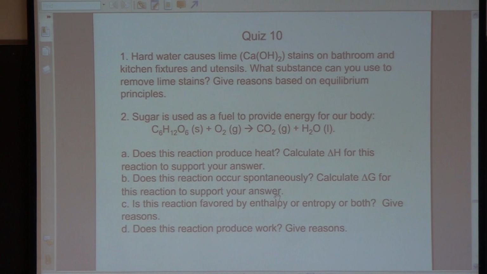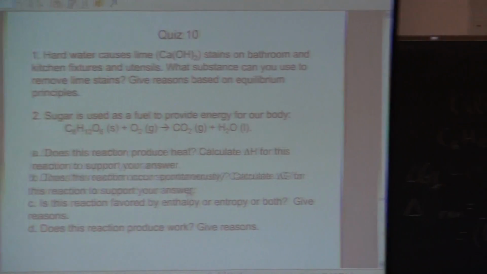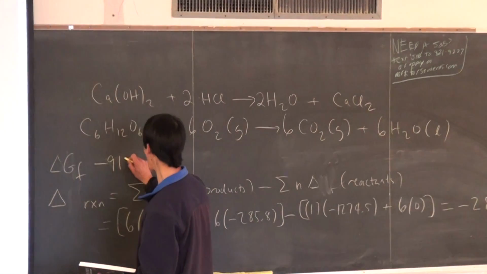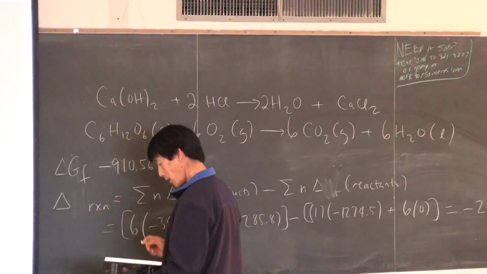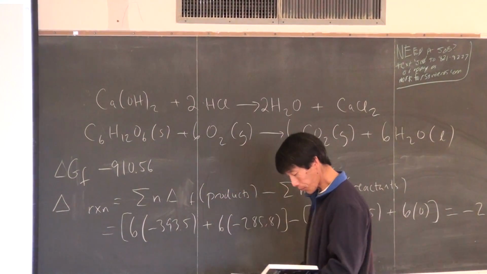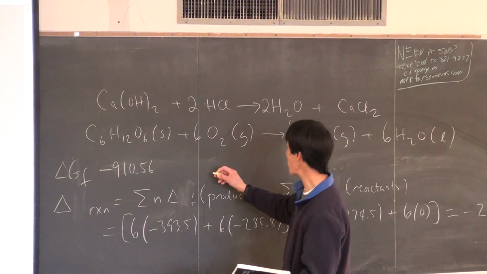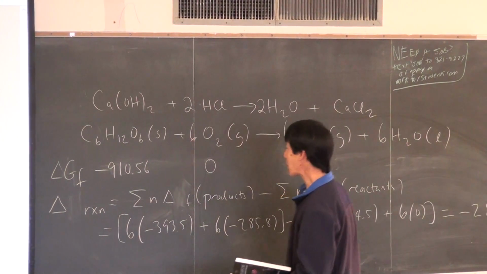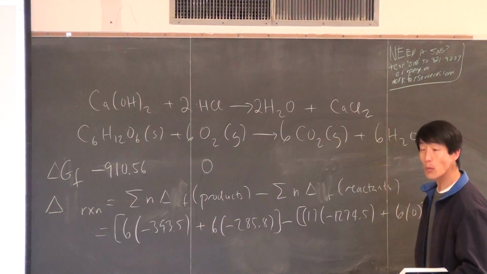Okay, so this will be delta G formation. So let's see, for C6H12O6, that's equal to minus 910.56. For O2, delta G of formation, just like with delta H, by definition, that's equal to 0 for an element in the standard state.